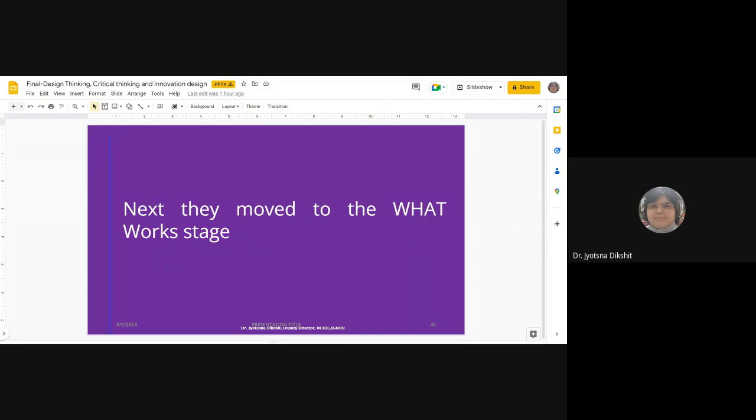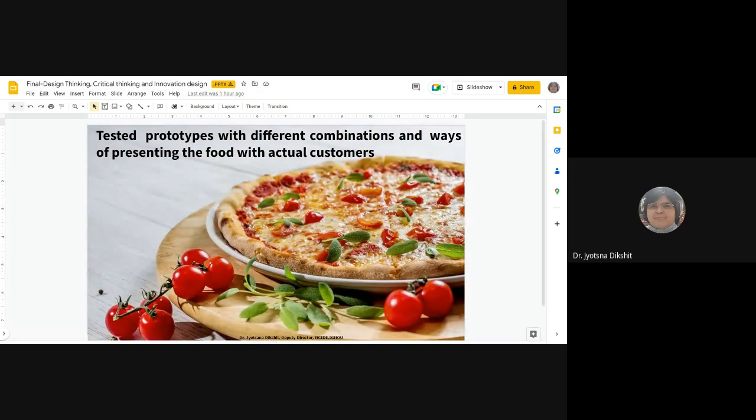Then they moved on to the what works stage. This is basically the prototype and testing stage. So they tested prototypes with different combinations, and the way the food is actually presented to the customers, that is our senior citizens.